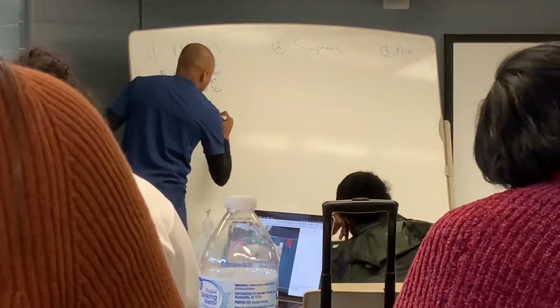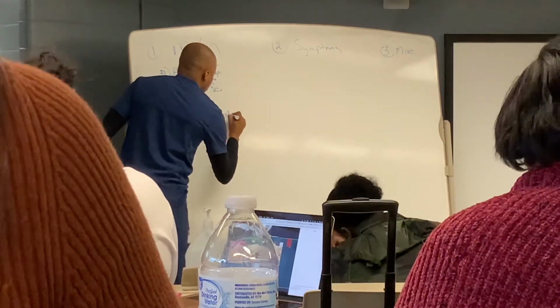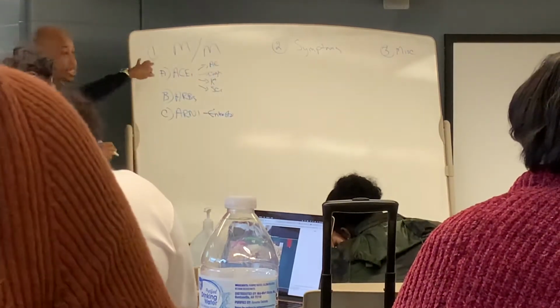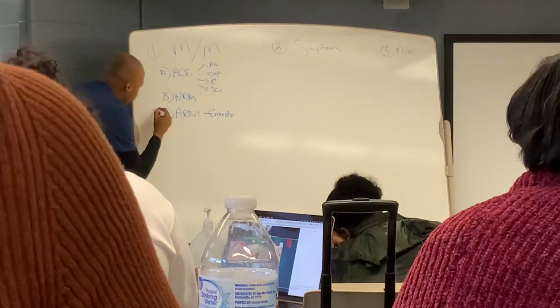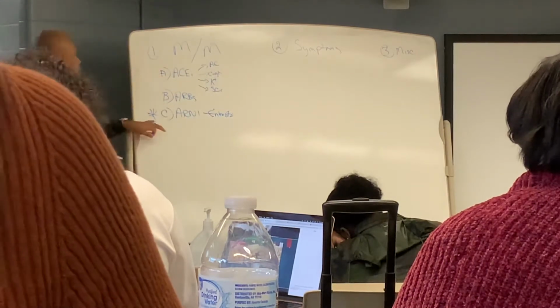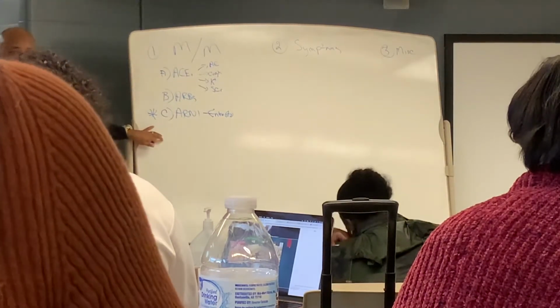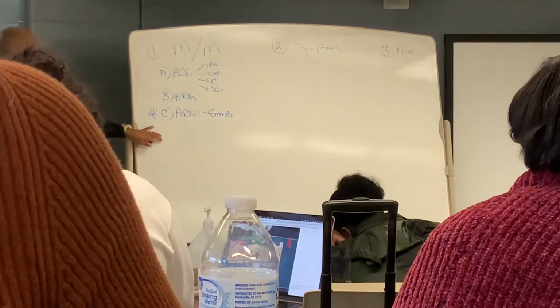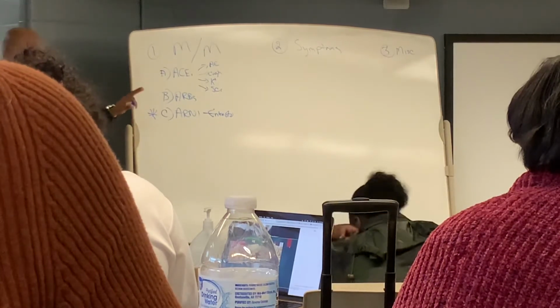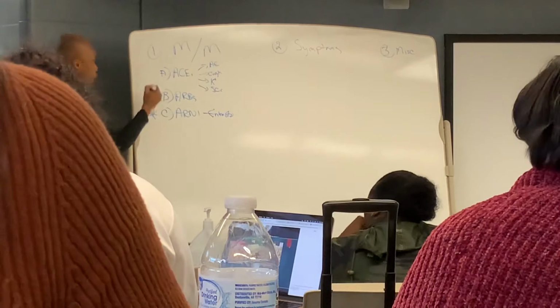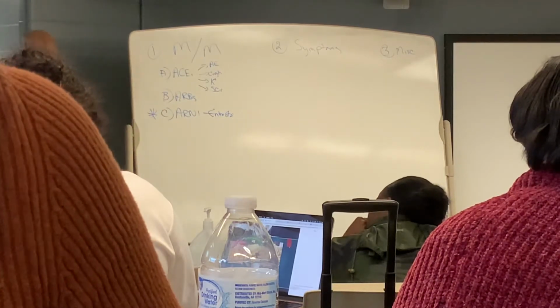So Entresto, okay? So, once again, morbidity, mortality benefit, but this one actually has shown to reduce mortality, okay? I don't want to say by over 50% over these two.